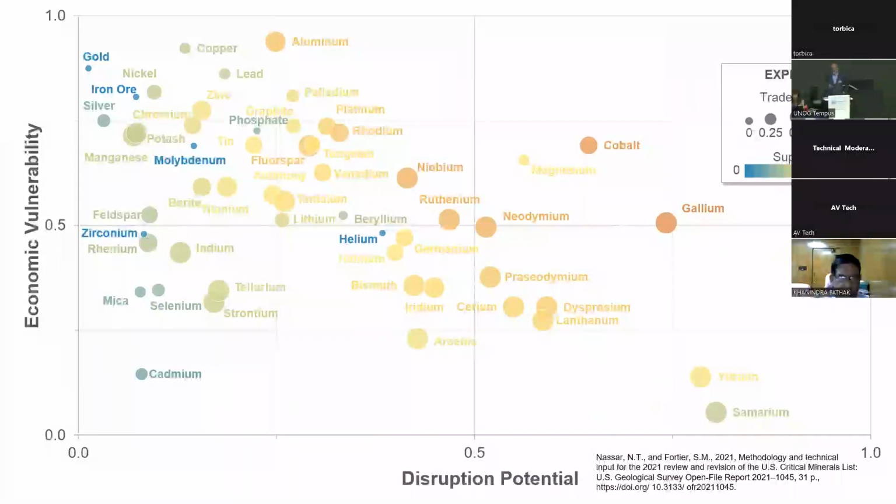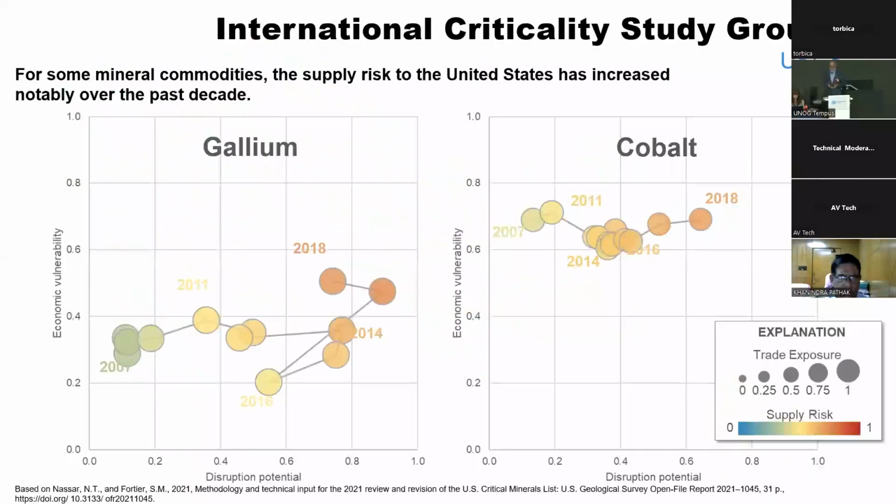This I can go through very quickly. It is a larger picture in comparison to 2 slides ago, with the 2 axes plus the size of the bubble for the trade exposure and the color for the supply risk, including calculations that the USGS have done to monitor in which way this supply risk can change in time.